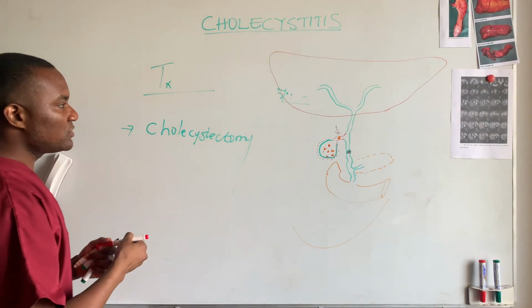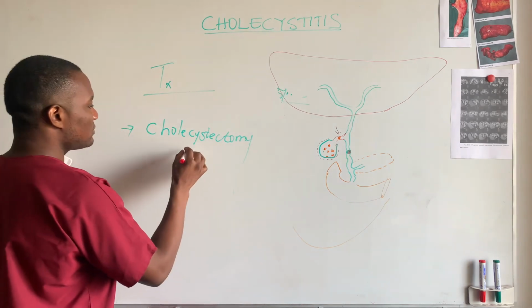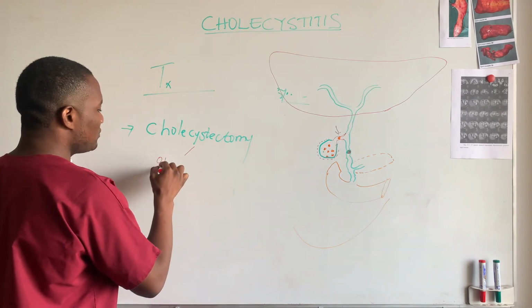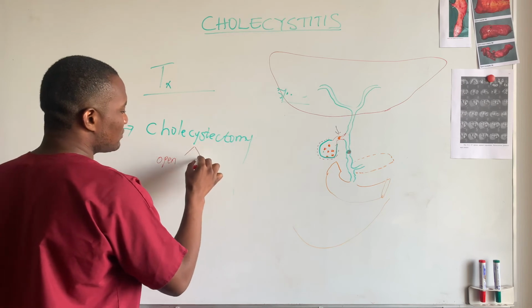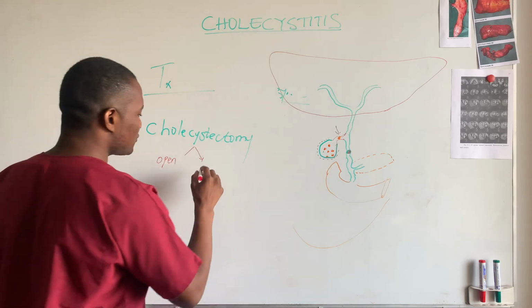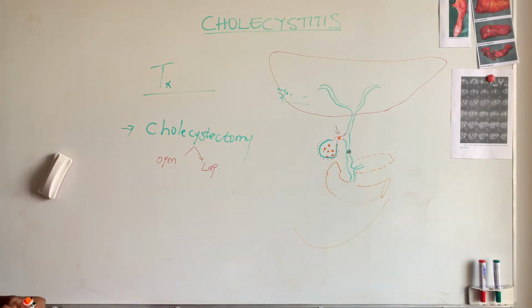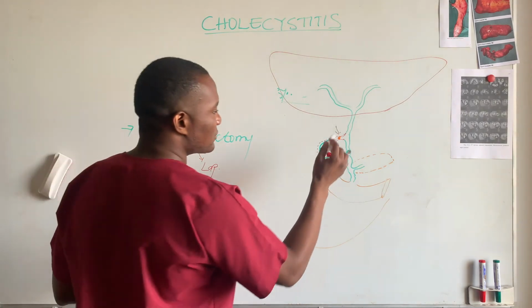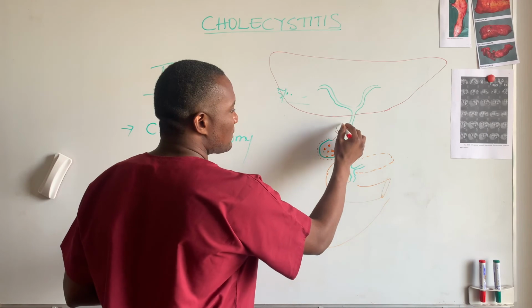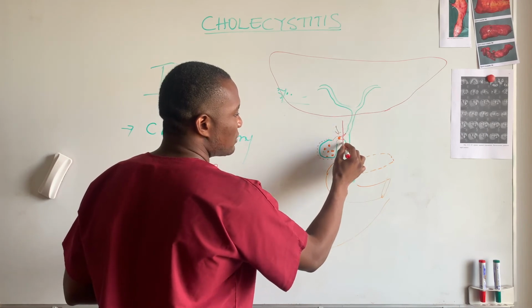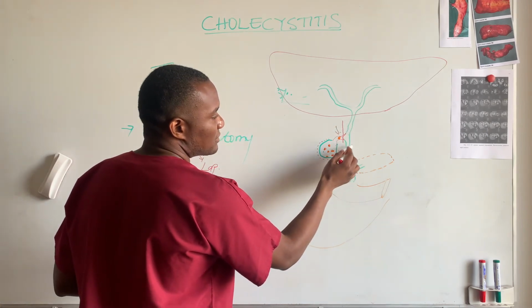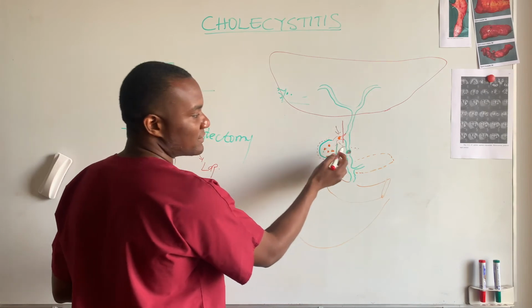So what do we do in surgery? This can be done with open surgery, but now laparoscopic surgery is the gold standard. So you go into the patient's abdomen, you ligate the cystic duct. Of course, remember it has vessels like the cystic artery.